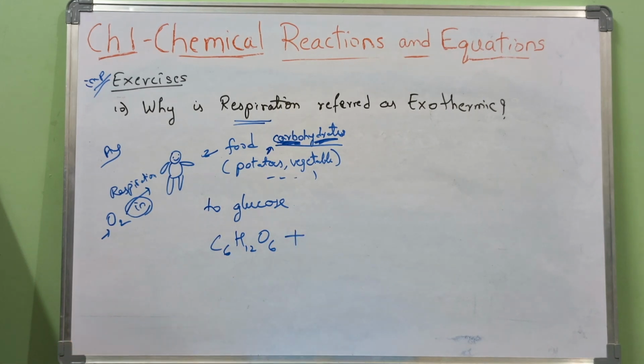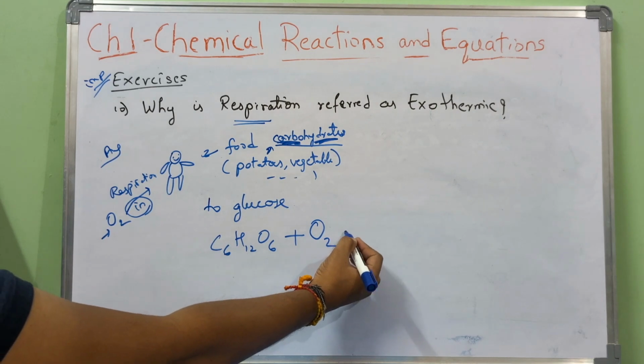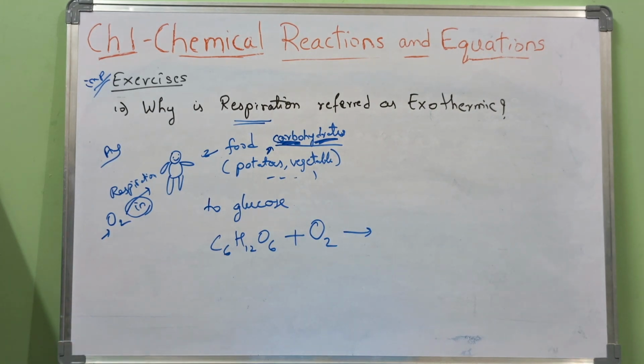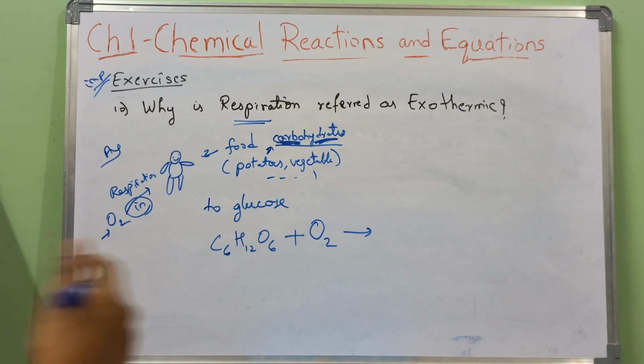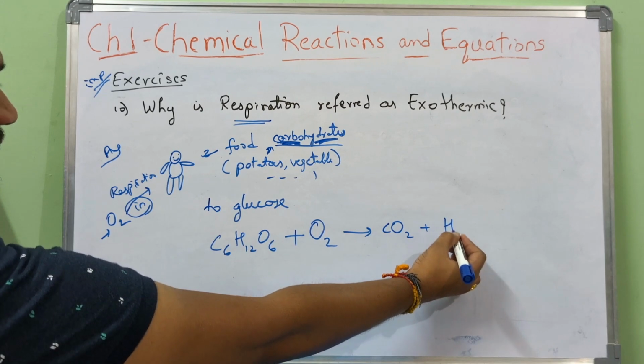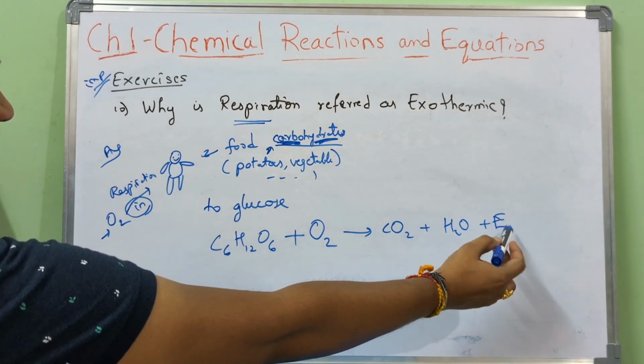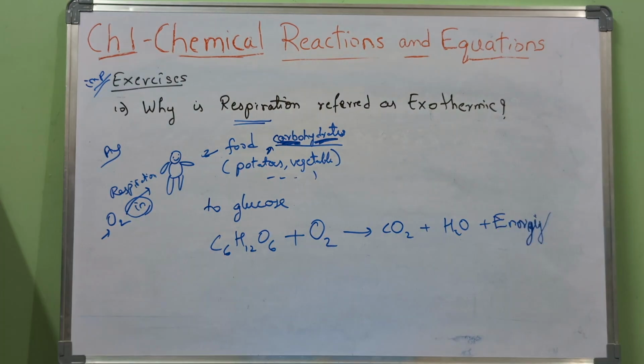This glucose reacts with oxygen and forms carbon dioxide and water, that is CO2 and H2O, and also the main part, energy. So our body is gaining a lot. Just keep a hand next to your nose or mouth and exhale some air outside.